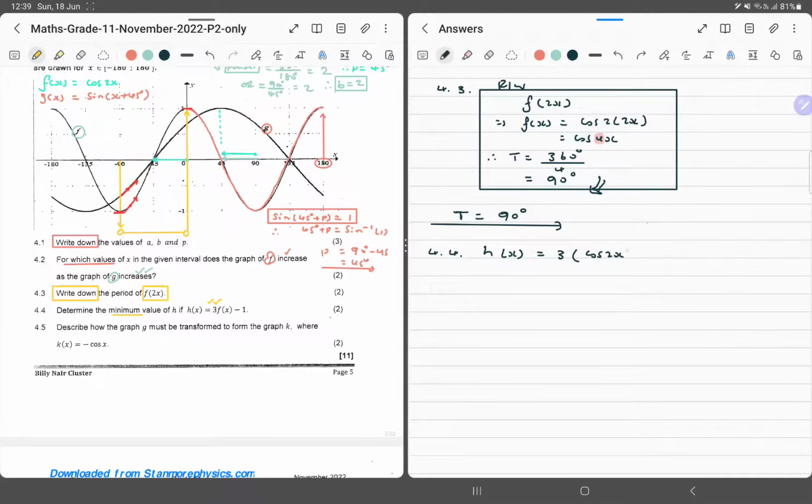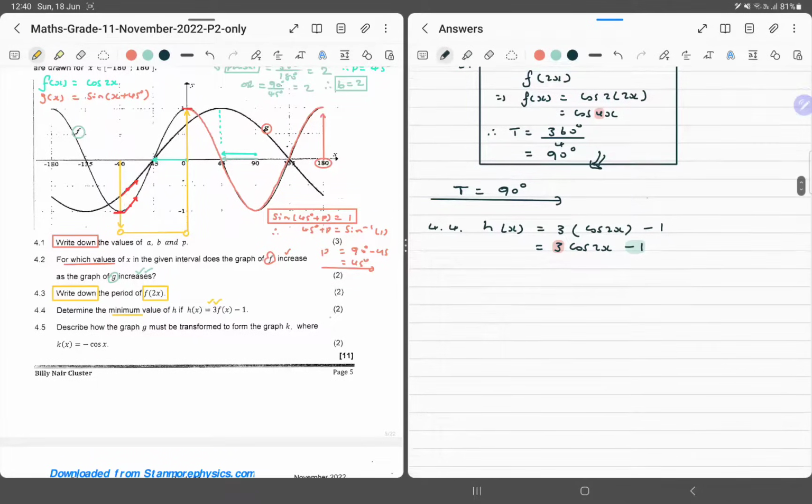And then we are subtracting 1 from that. This becomes now 3 cos 2x minus 1. All right. So remember, this would give us the amplitude. Now, the minimum value is going to be minus 3. But we are vertically shifting this thing by 1 unit further down.